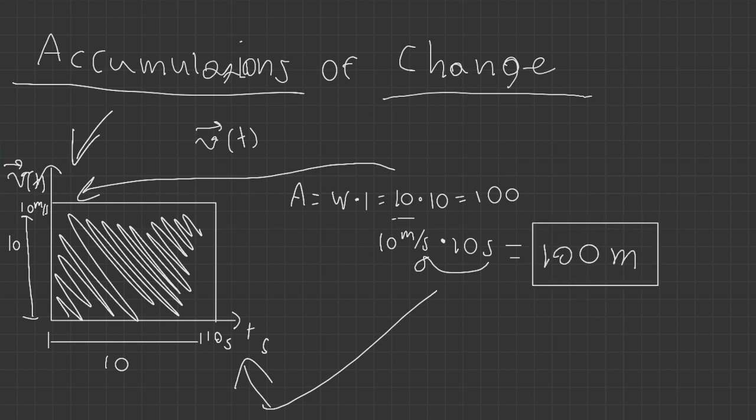So that shows how by finding the area under this curve when we're graphing velocity, that it gives us the position.